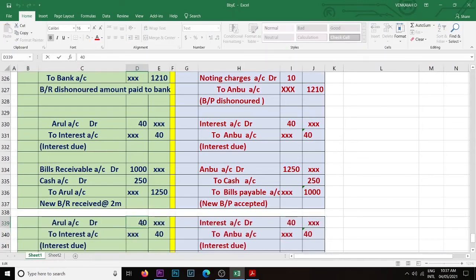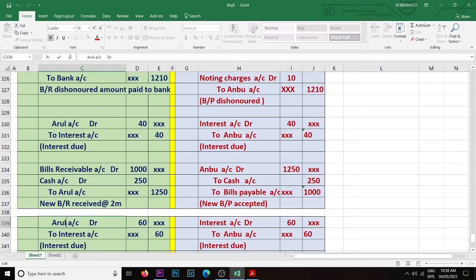Interest amount is 60 rupees. New bill amount is 1060. It was paid, interest paid in cash.